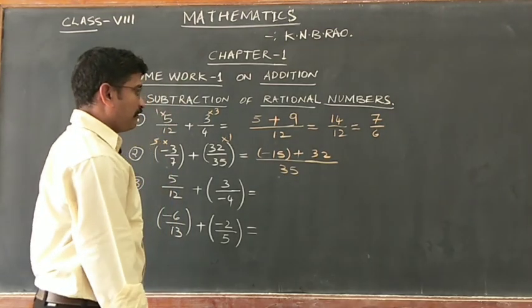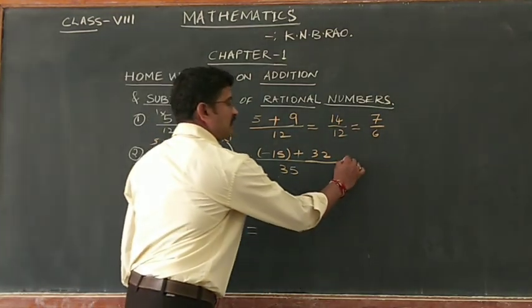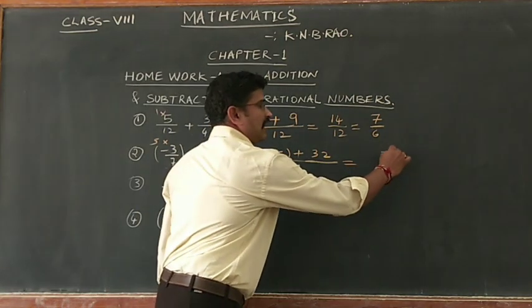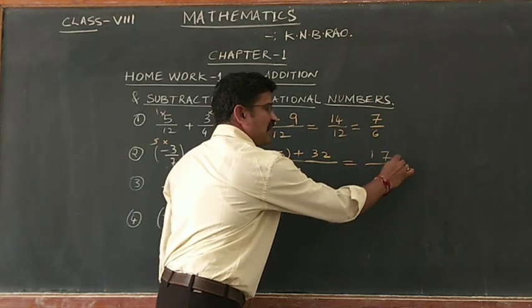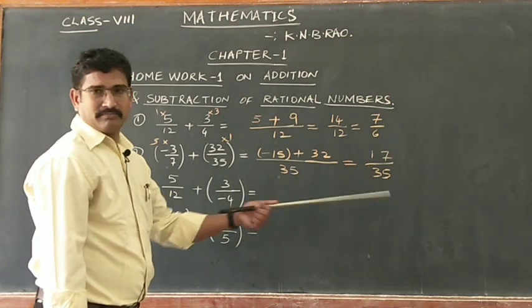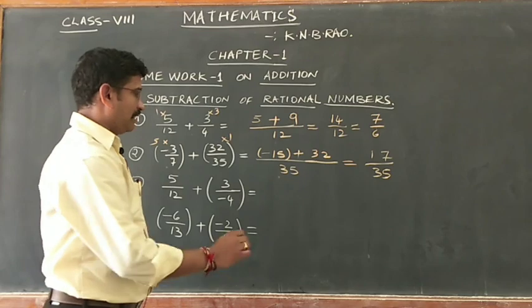So, minus 15 plus 32 is simplified to 17 upon 35. It is already in standard form, so we will leave it.